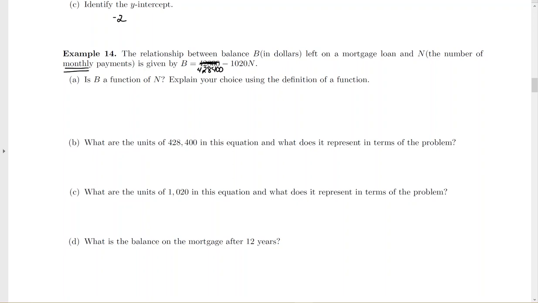So the answer to this is yes, B is a function of N, and the reason for that is for every monthly payment, which is N, there is exactly one new balance.